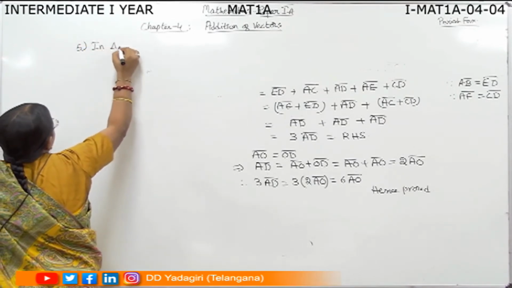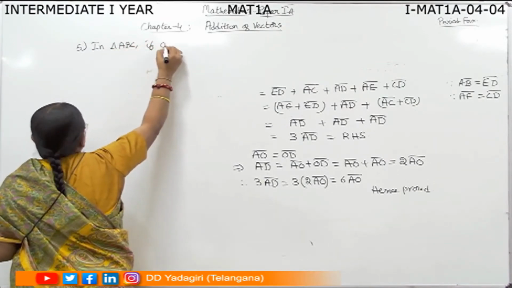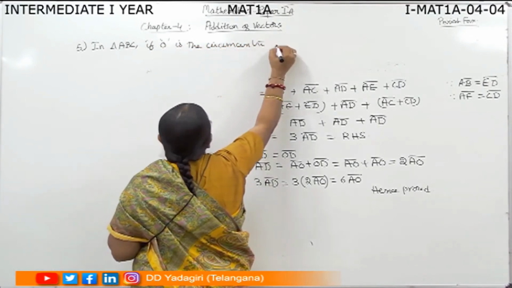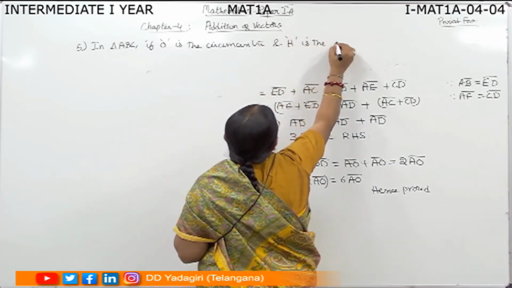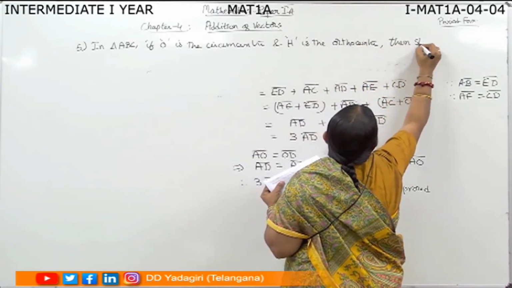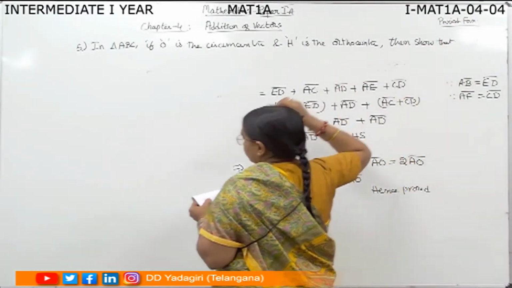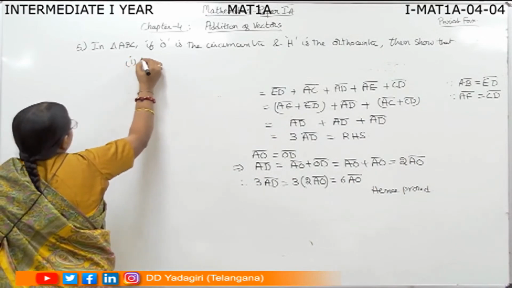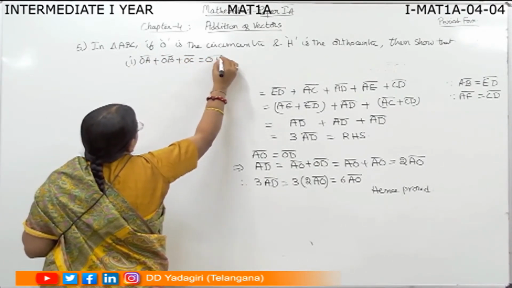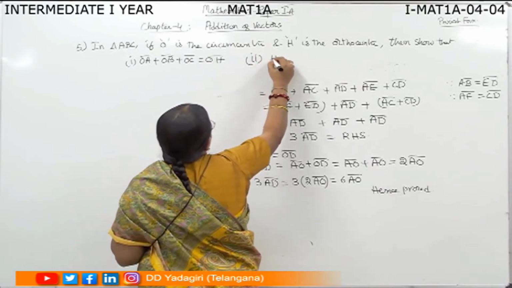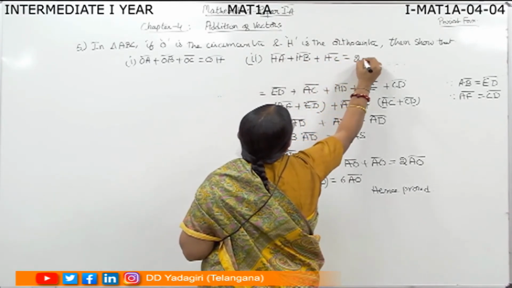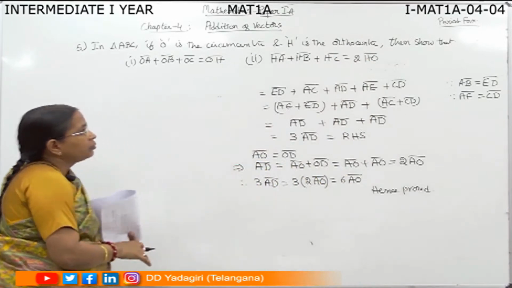In triangle ABC, if O is the circumcenter and H is the orthocenter, then show that first, OA plus OB plus OC is equal to OH, and second, HA plus HB plus HC is equal to 2 times HO. This is the problem.